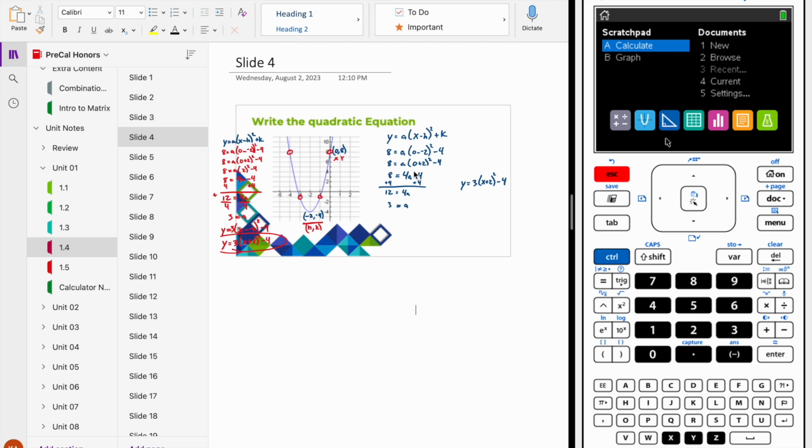So 2 squared is 4. 4 times a is 4a, minus 4. We add 4 to both sides. 12 is equal to 4a. A is equal to 3. We then go ahead and plug in that 3 and our vertex into the equation itself.